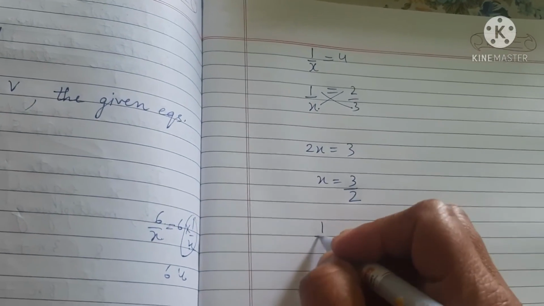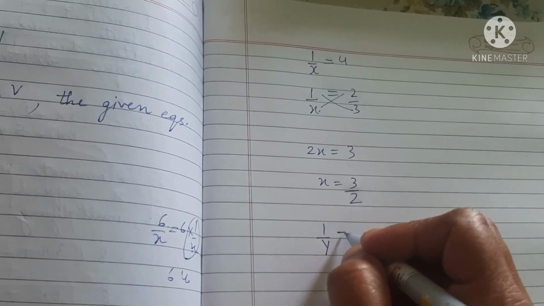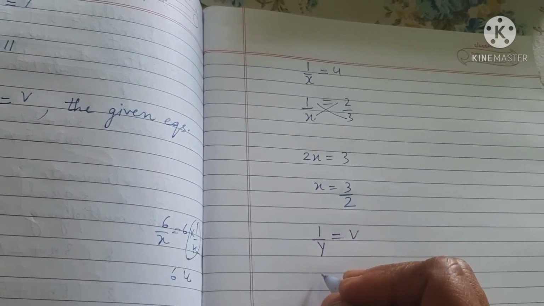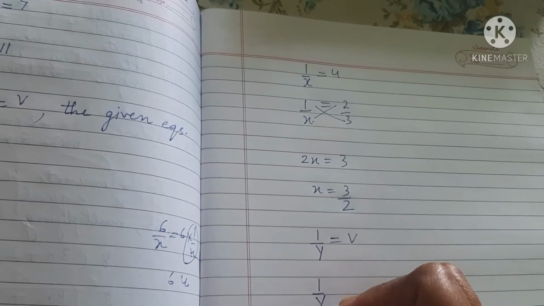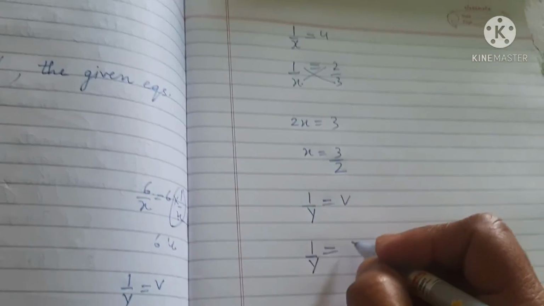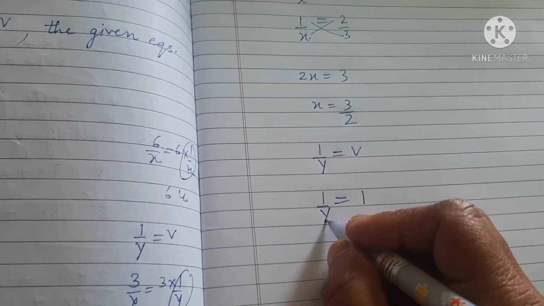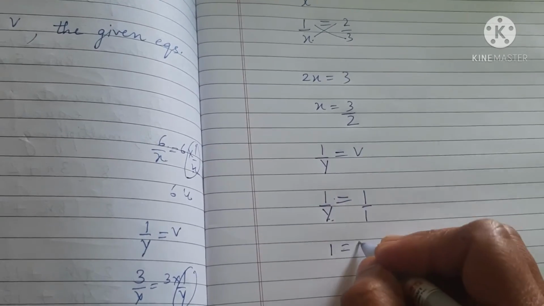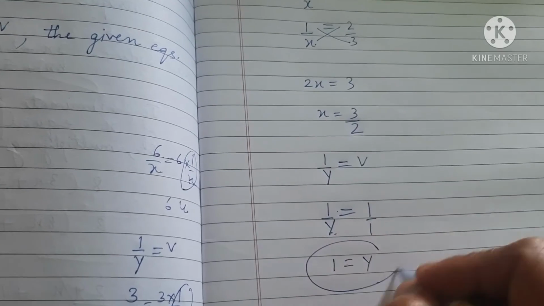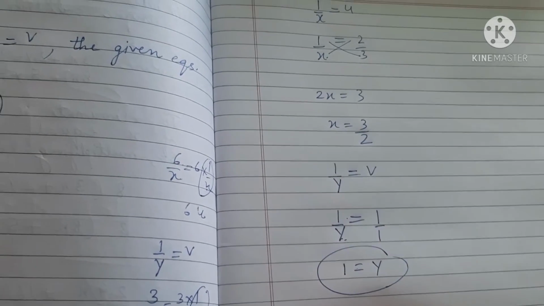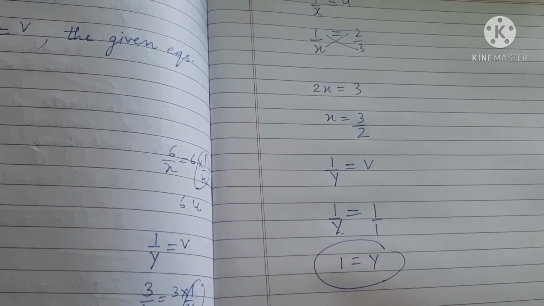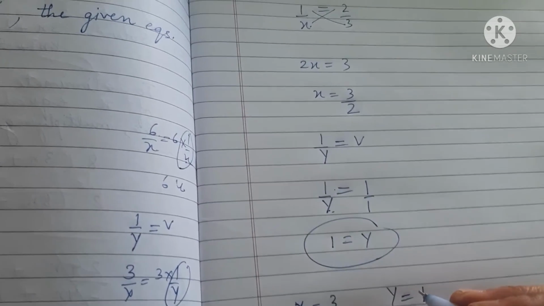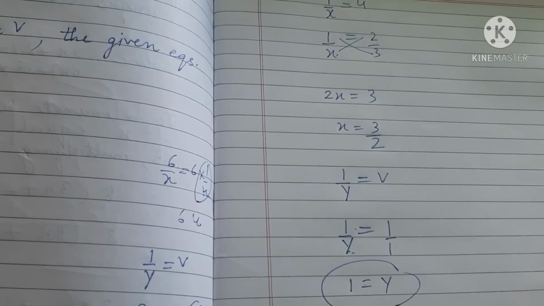And 1 by y is equal to v. What value of v have you got? 1. So cross multiplying, 1 1s are 1, y into 1 is y. So y is equal to 1. So you get the answer: x is equal to 3 by 2 and y is equal to 1. So this is your answer.